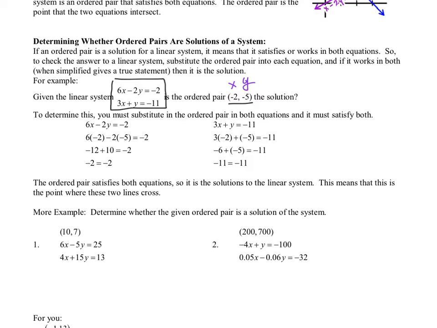As you see, that's what they've done here. So for the first equation, 6x minus 2y equals -2, I take that equation and I plug in -2 for the x value. And I plug in -5 for the y value. All right, now I simplify.